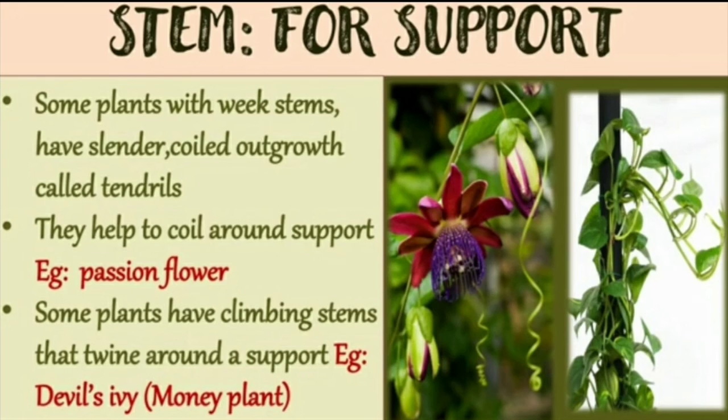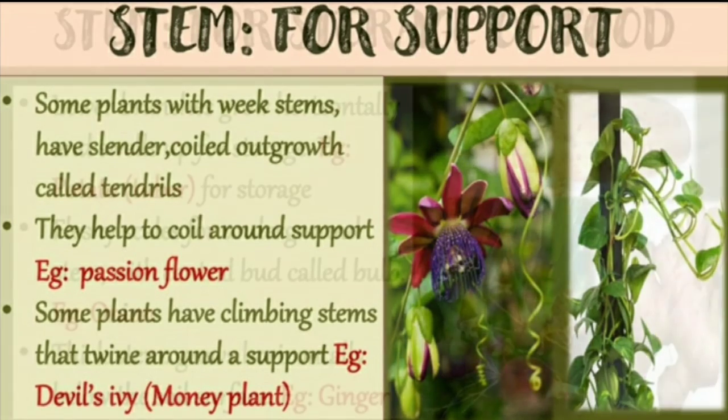Some plants have climbing stems that twine around a support. For example, a money plant, also called devil's ivy. Right? It grows and it climbs. It needs a support. So these are the stems for support.